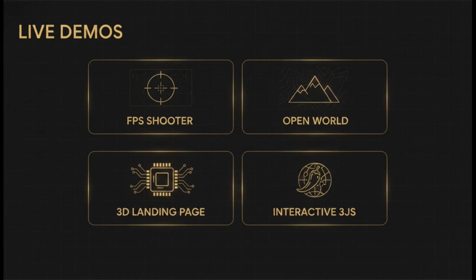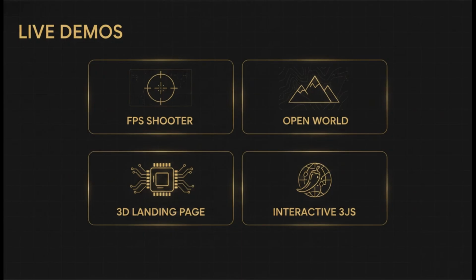But, honestly, K3 didn't even stop there. It managed to code a full FPS shooter, complete with enemy AI, multiple weapons, and working physics. From a single prompt, it generated a Red Dead Redemption-style open world with explorable terrain.